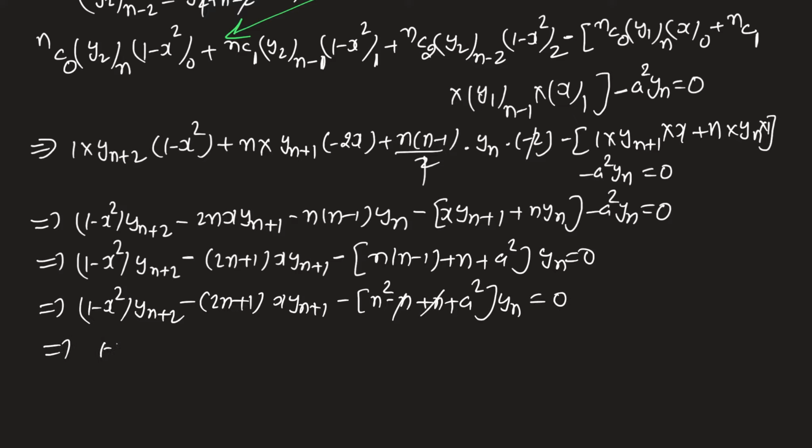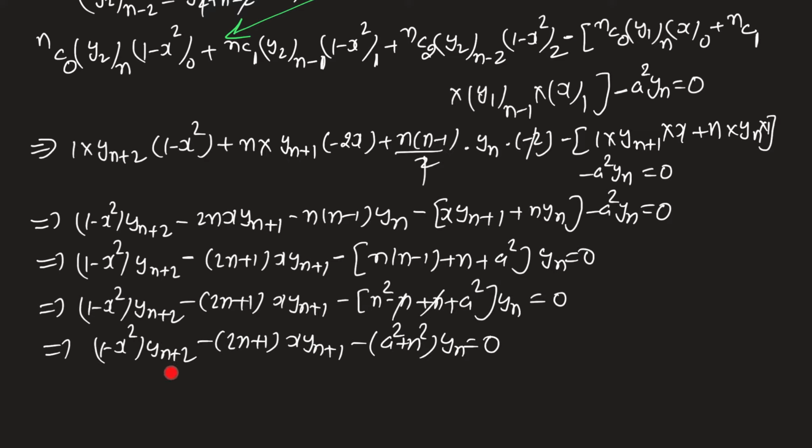This implies that (1 minus x square) y_{n+2} minus (2n plus 1) x y_{n+1} minus (a square plus n square) y_n equal to 0. So, this is the result that we are required to prove.